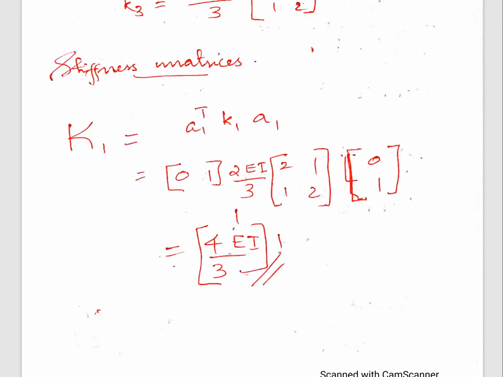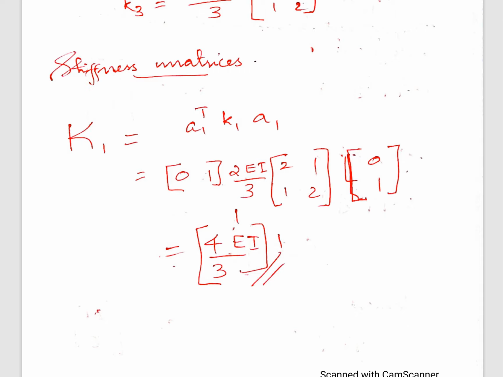Next is a stiffness matrix for each element, capital K for each element. For the first element, capital K1 is equal to A1 transpose into K1 into A1. So substitute small a1, small k1 and again small a1. Small a1 transpose, then multiply with the small k1, again multiply with the small a1. So this is the 4EI by 3, that is the capital K1 stiffness matrix for the first element.